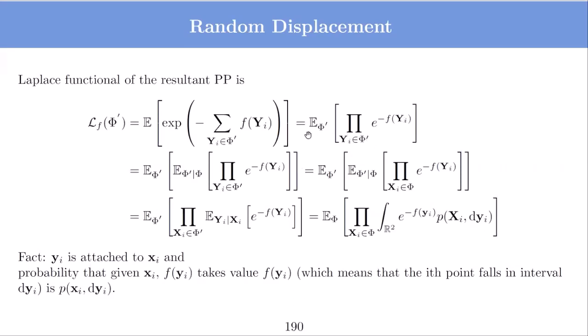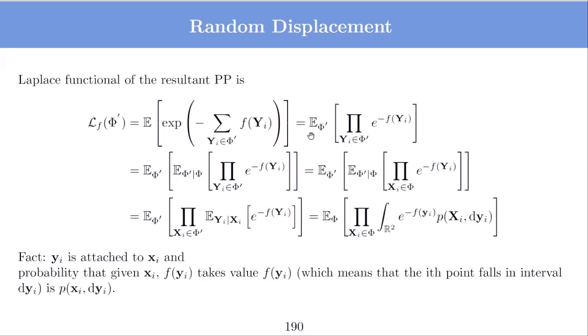Now note that phi dash is a map from the sample space, but it can also be constructed by going to phi and then coming to phi dash according to that probability distribution. So you can first map to phi, and then from that phi you map back to phi dash, according to some distribution.